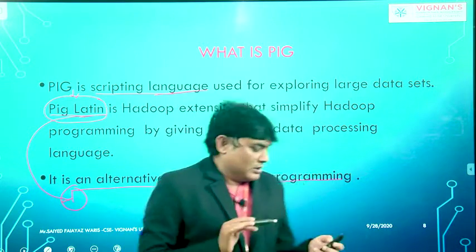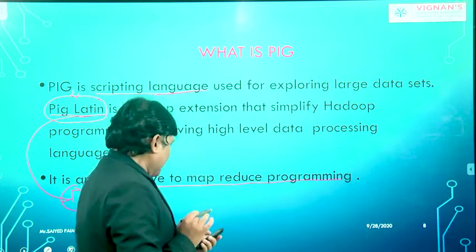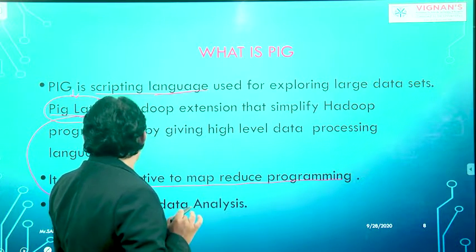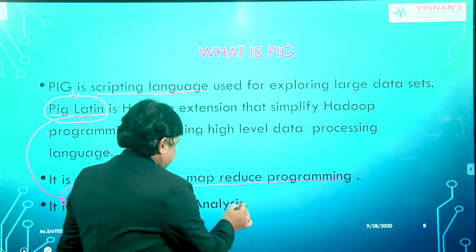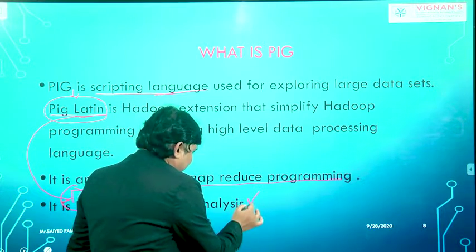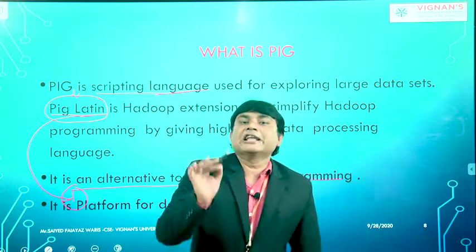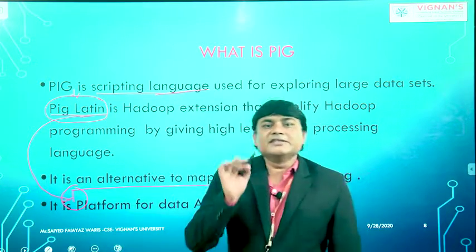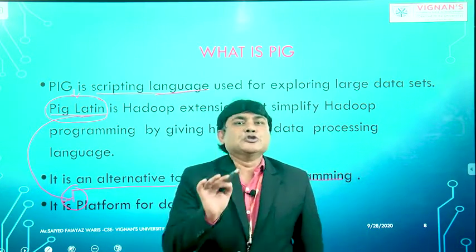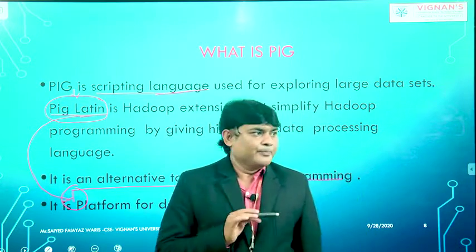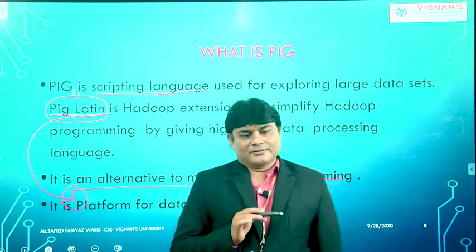Now you are going to see here that it is used for data analysis. Of course, by using Pig, we can analyze your data. It is also a kind of analytical tool. For example, Twitter. Many people are tweeting text, a lot of text.